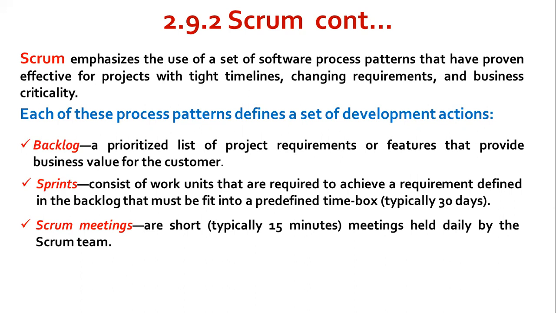And what do you plan to accomplish by the next team meeting? The team leader, called the Scrum Master, leads the meeting and assesses the response from each person. The Scrum meeting helps the team uncover potential problems as early as possible, and these daily meetings also lead to knowledge socialization.